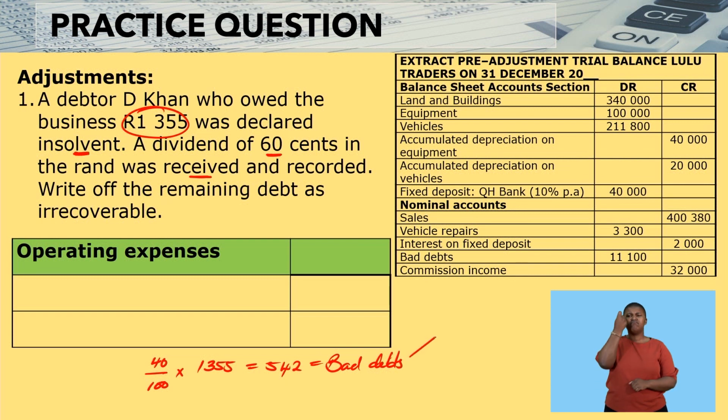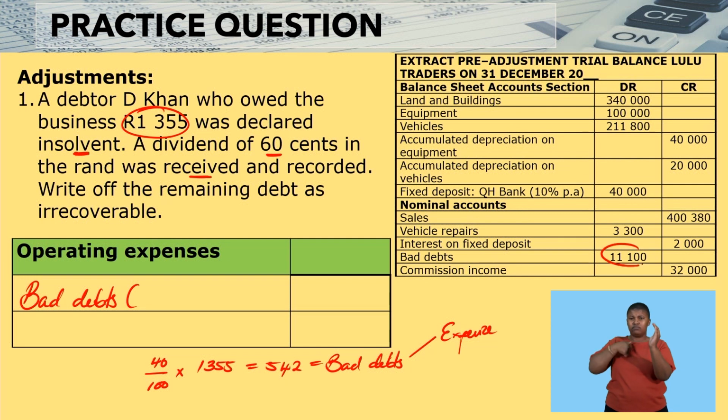We understand that bad debts are an expense. So I come to my operating expenses and say bad debts. I open my bracket. Here I have bad debts of 11,100, plus these bad debts of 542 that I have just calculated.